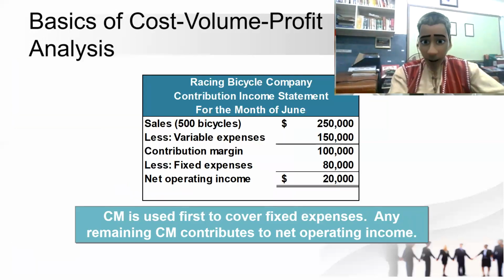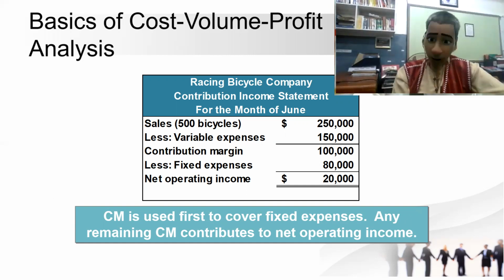Again, basics of cost, volume, profit analysis. The same example, but you'll notice CM. What do you mean by CM? Contribution margin. Contribution margin is used first to cover fixed expenses. Any remaining contribution margin contributes to net operating income.